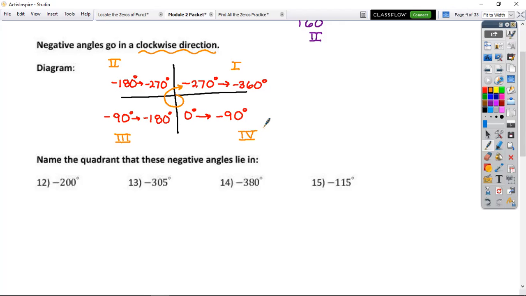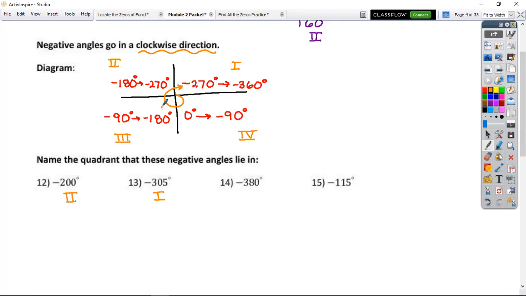So name the quadrants that these negative angles lie in. So where is negative 200 degrees? Good, quadrant 2. Again, I don't expect you to show any work for these. Negative 305, quadrant 1. Negative 380, again, you can go all the way and then some if you'd like.